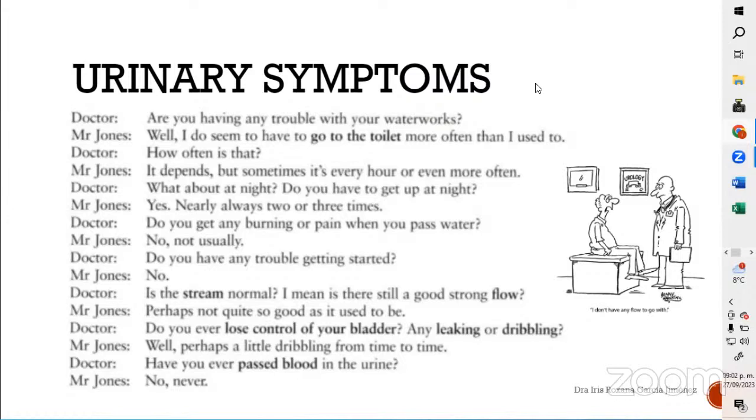No. Is the stream normal? I mean, is there still a good strong flow? Perhaps not quite so good as it used to be. Do you ever lose control of your bladder? Any leaking or dribbling? Well, perhaps a little dribbling from time to time.